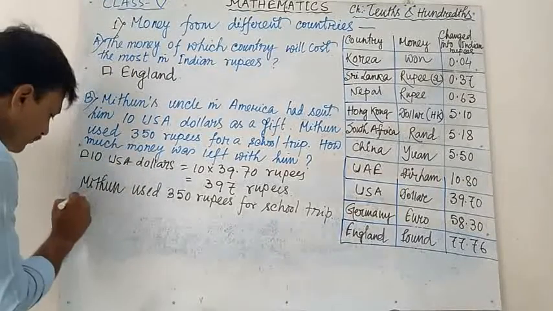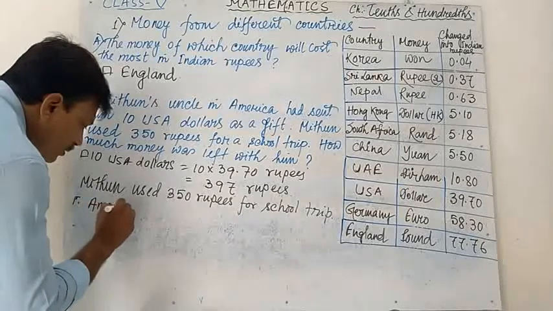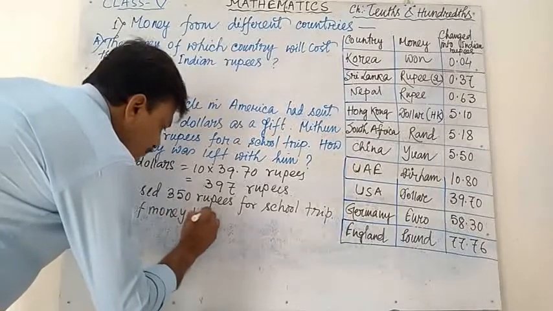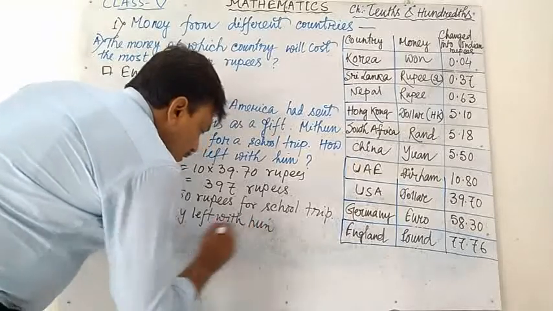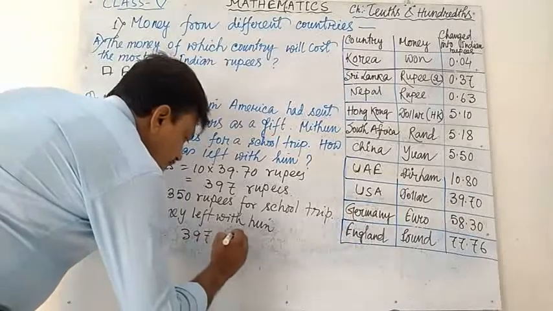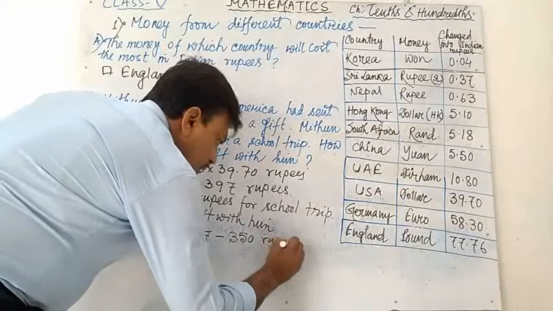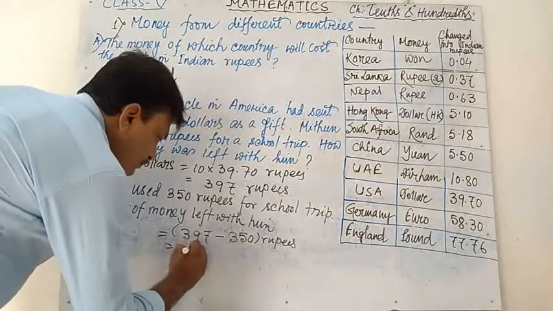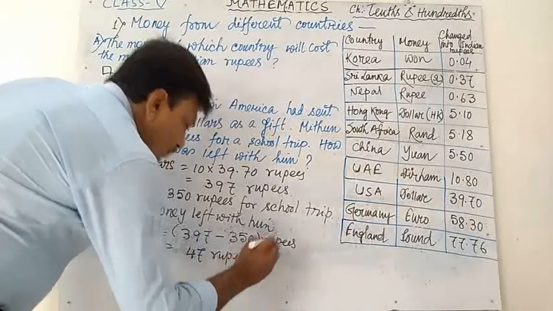The amount of money left with him is 397 minus 350 rupees, which equals 47 rupees.